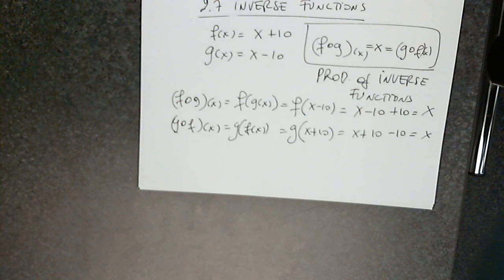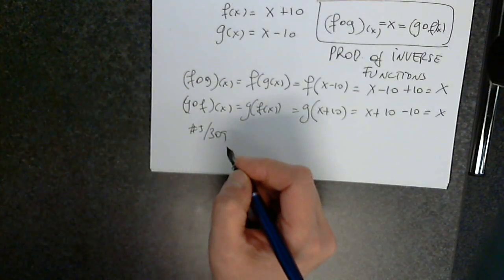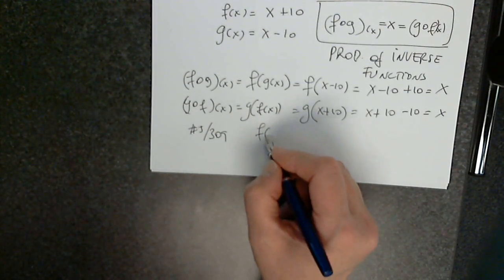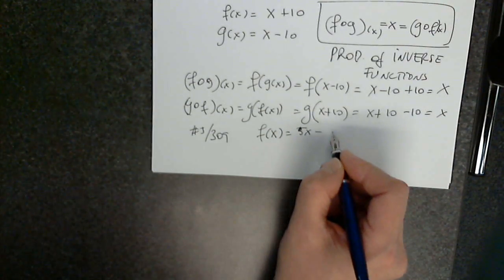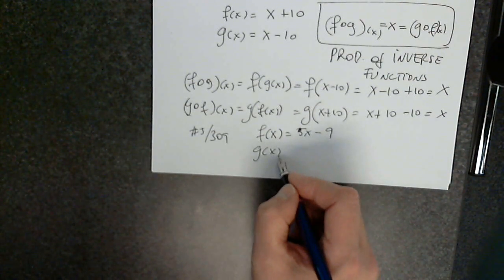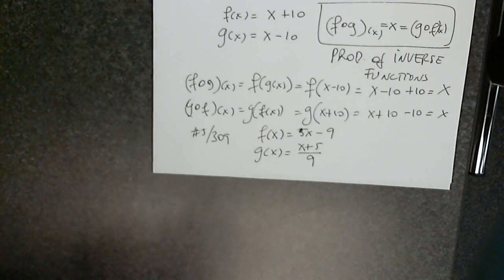So before I explain when this happens, I would like to look on page 309. And let's say we look at problem 5. And I have f of x equals 5x minus 9, and g of x, which is x plus 5 over 9.